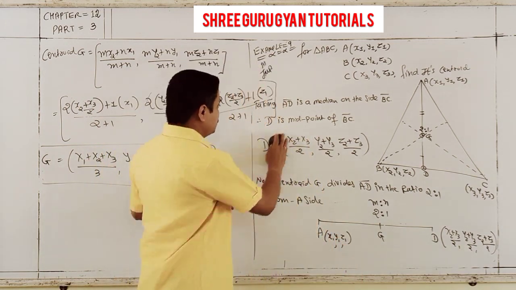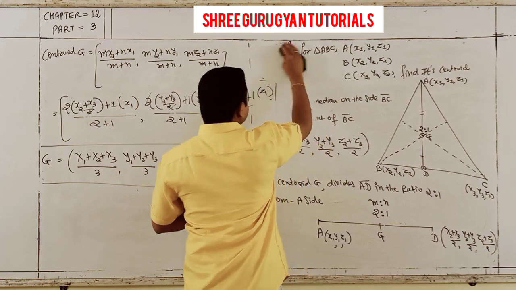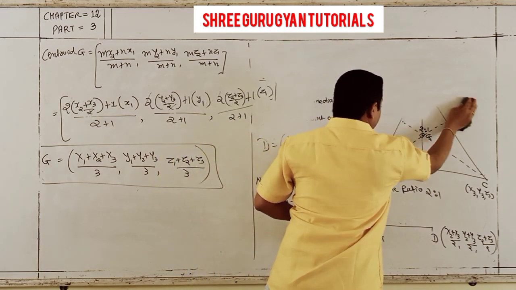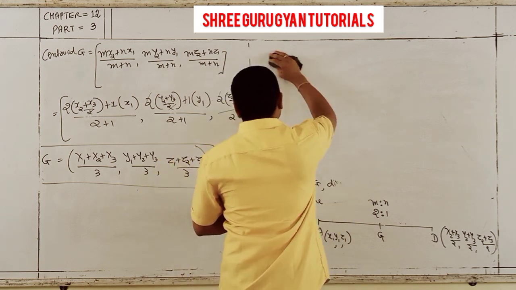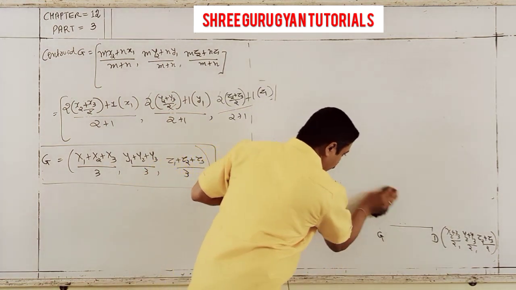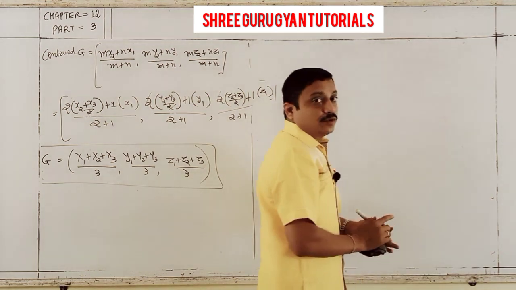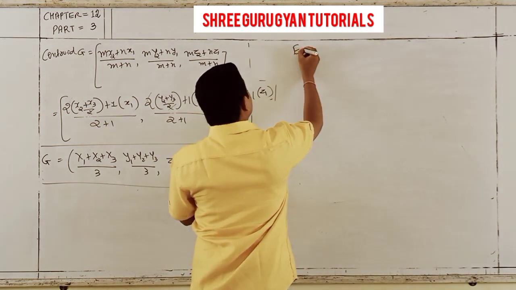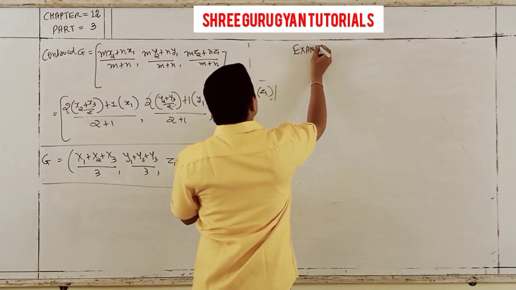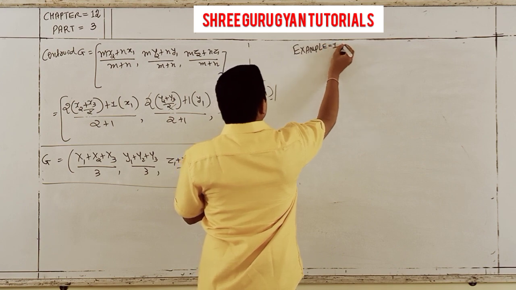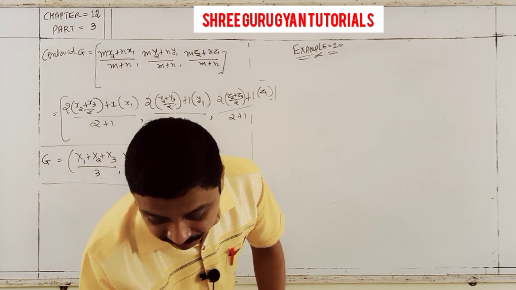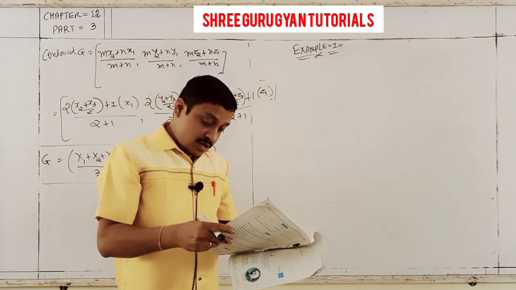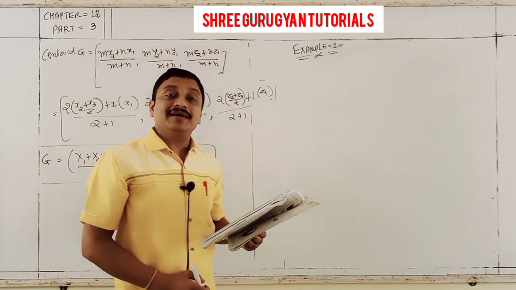Now I am going to example 10. That is also important for the exam. Question: find the ratio in which the YZ plane divides the segment AB.